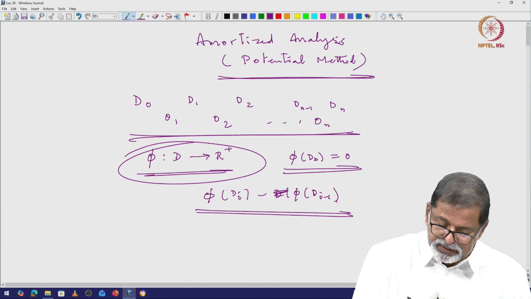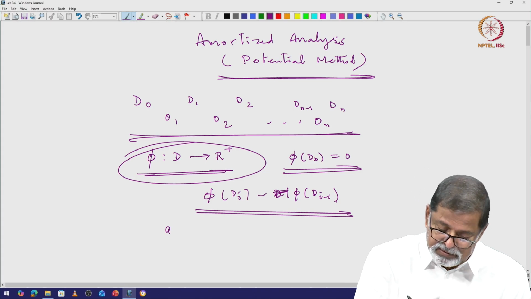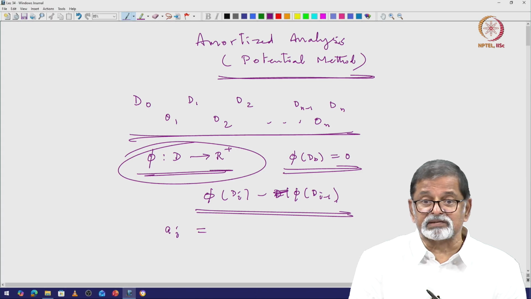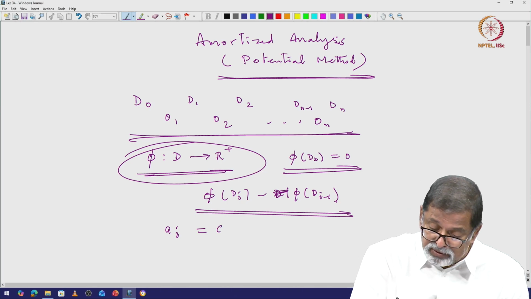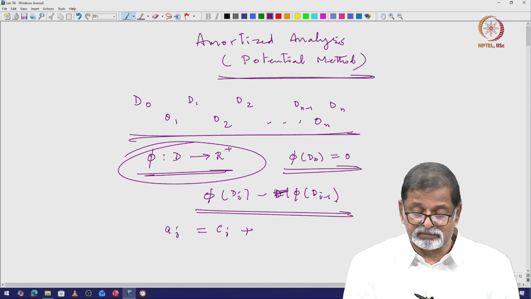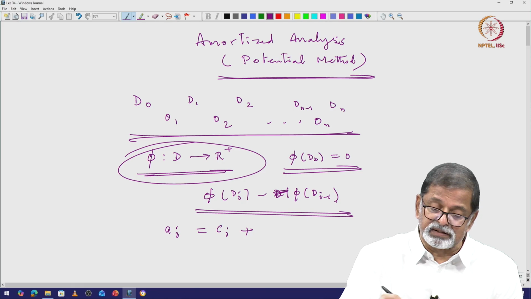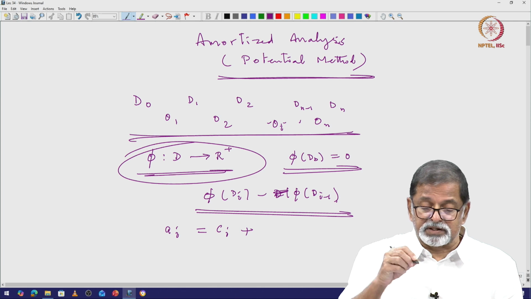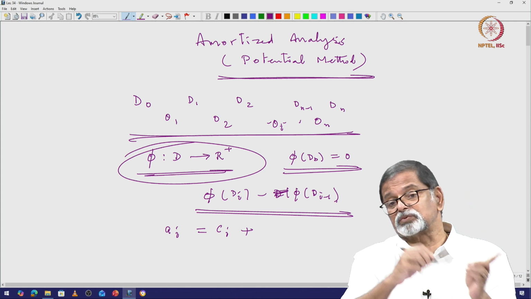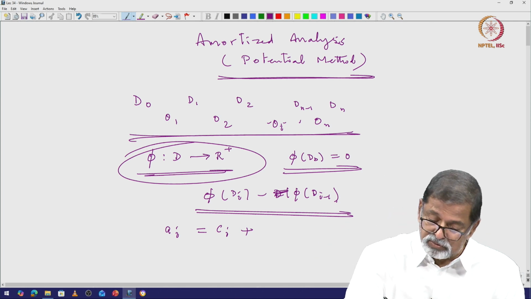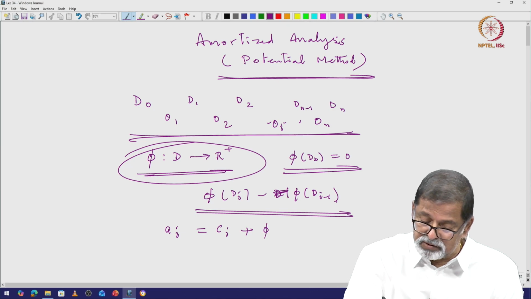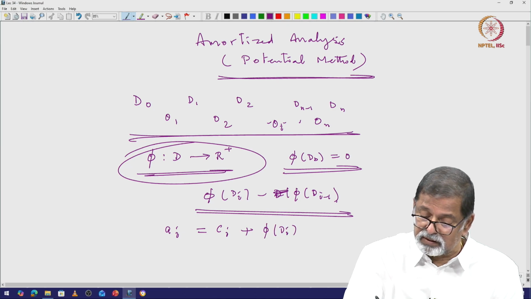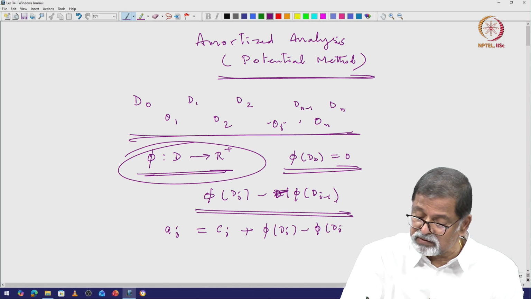So, we will define the amortized cost Ai as the actual cost Ci plus the potential difference. Ci is the cost of performing operation Oi. Operation Oi has converted Di minus 1 to Di. So, there is a potential for Di minus the potential of Di minus 1.